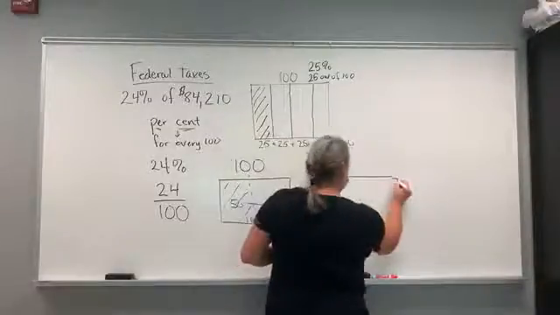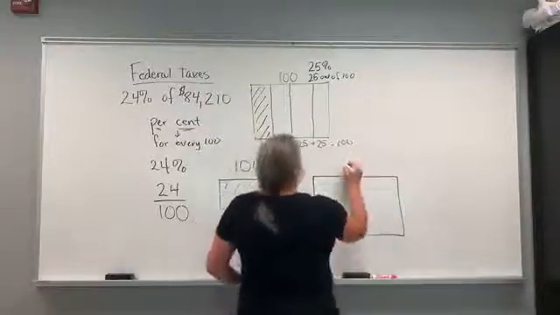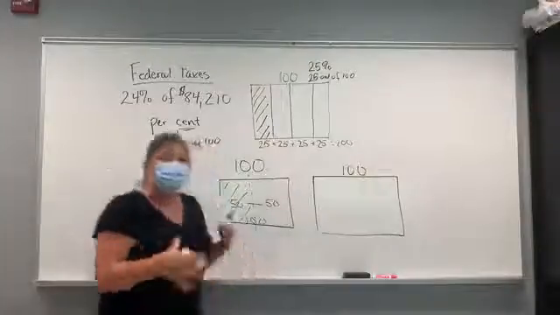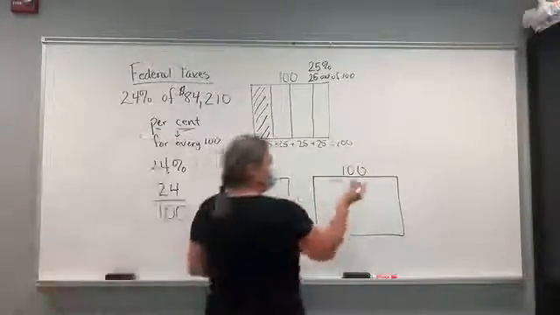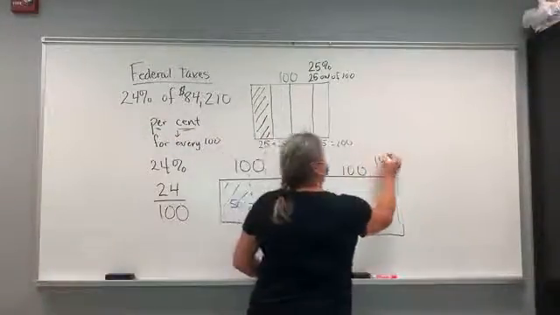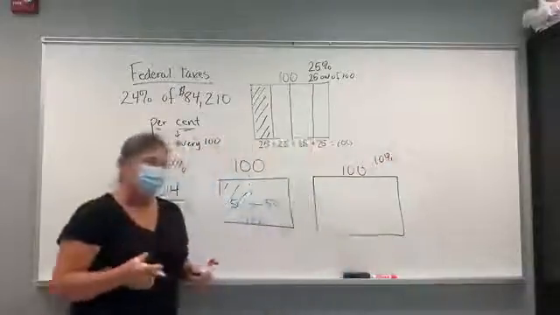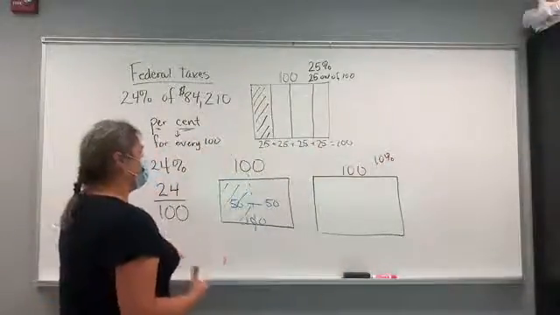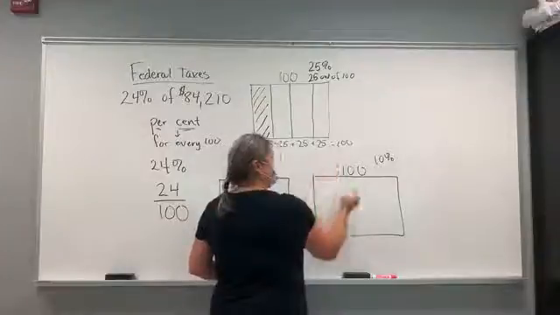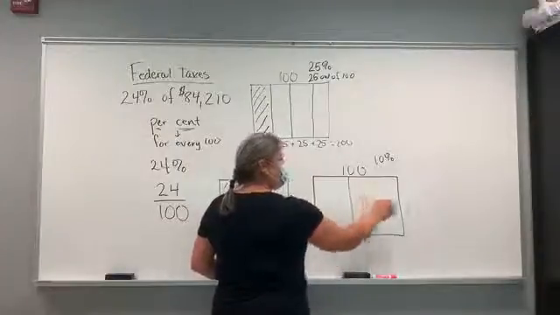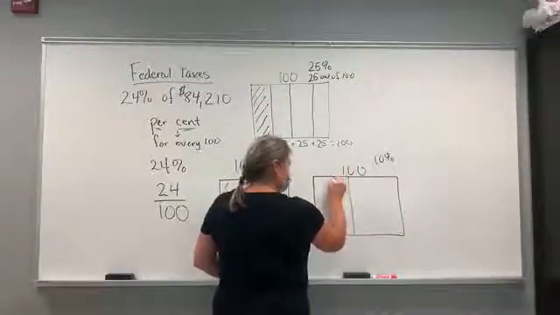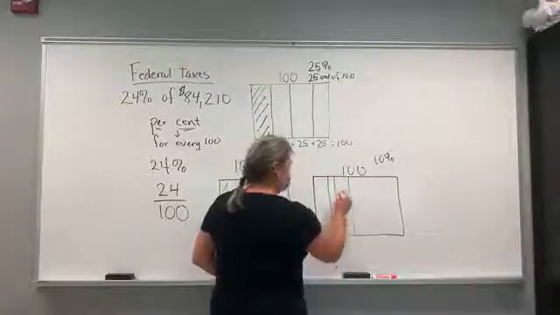Let's look at this one. Now, again, that whole thing is 100, and let's say we wanted to find out what 10% is. That means 10 out of 100. So if this whole thing is 100, we want to split it up into 10 equal parts.